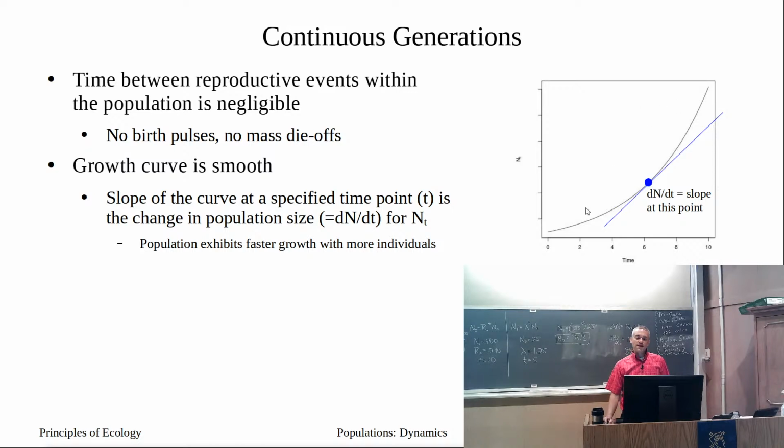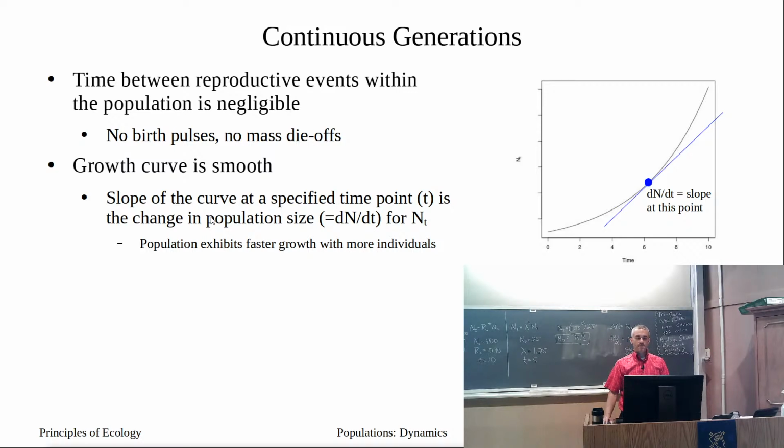So just looking at this curve and thinking about our slopes, you should then kind of inherently think that, okay, dn over dt must be influenced by our population size itself. And if you're thinking that, you are 100% correct.